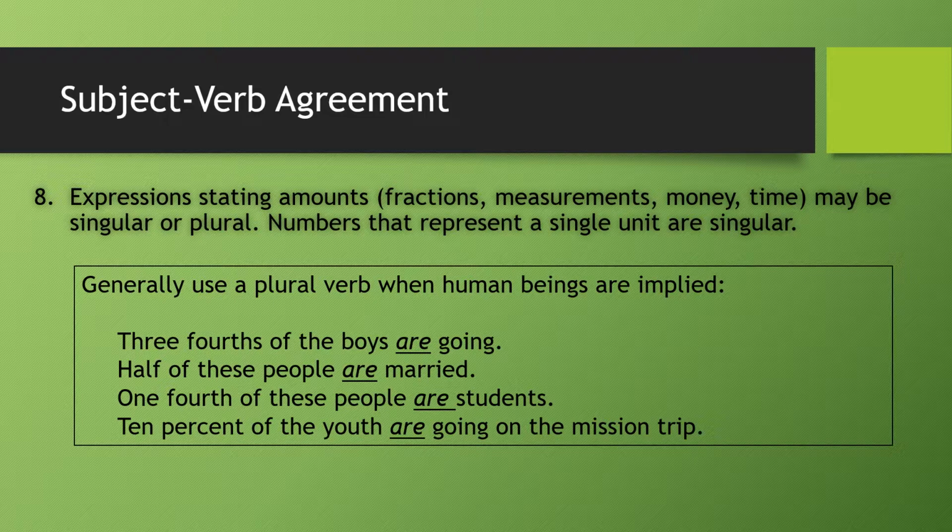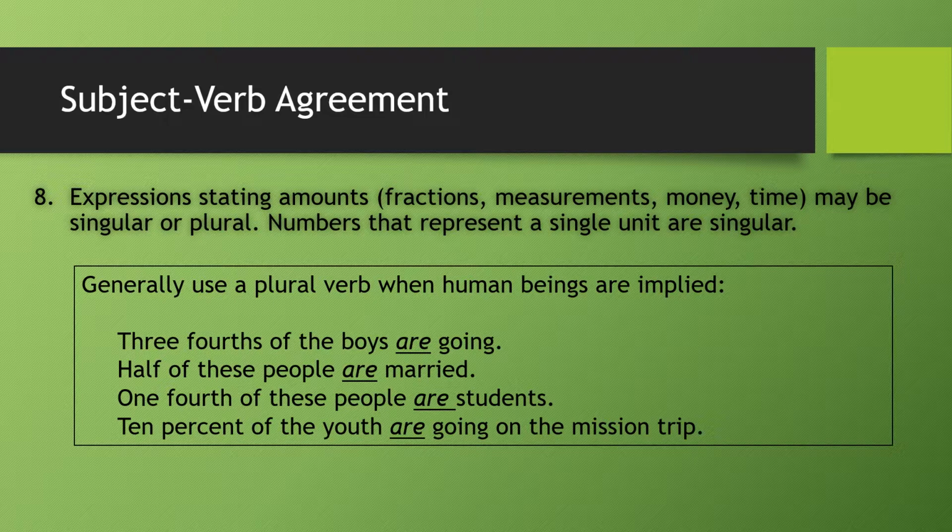But when it's referring to people, to human beings, we are using a plural verb. 3/4 of the boys are going, half of these people are married, 1/4 of these people are students, 10% of the youth are going on the mission trip. So again, it's a rule that we simply need to learn.